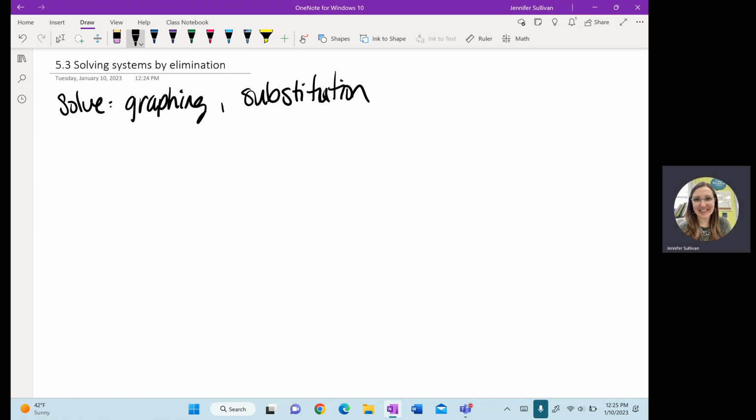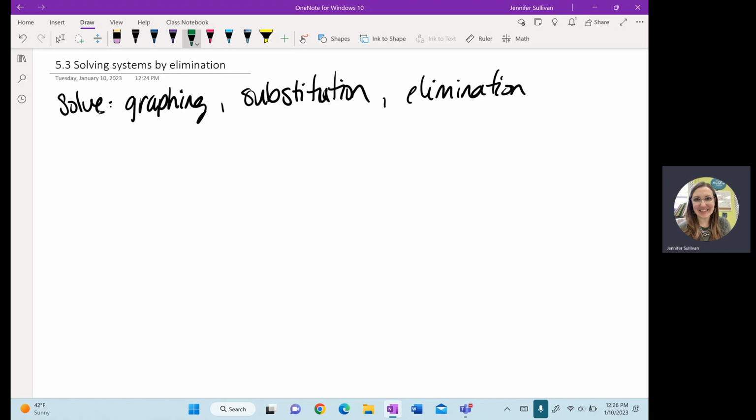And now today we're going to use the method elimination. This is actually the one that most people tend to like the most. I don't really know why, but it is. So I anticipate that you guys are going to pick up on this really, really quickly.